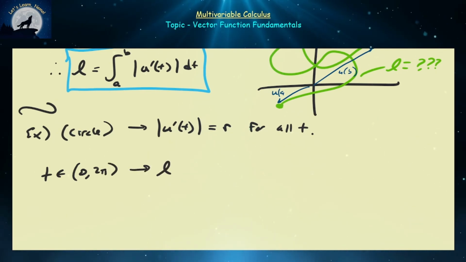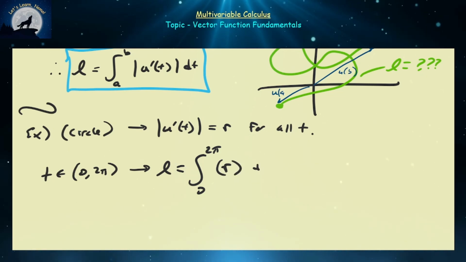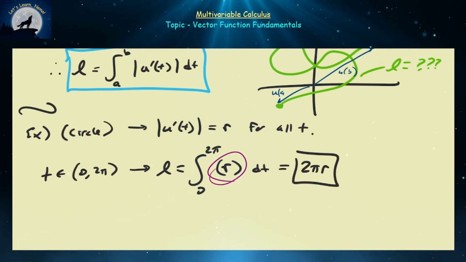Then the arc length, or the circumference of the circle, will be the integral from 0 to 2 pi of r dt. Notice that our integrand does not have anything with t in it, so that's just a constant. So this is just equal to 2 pi r, which you should recognize as the circumference of a circle.